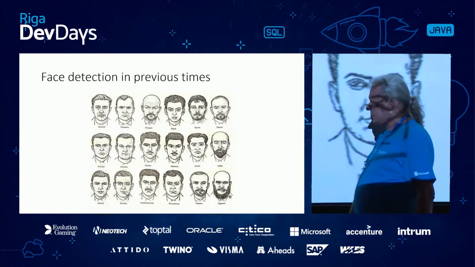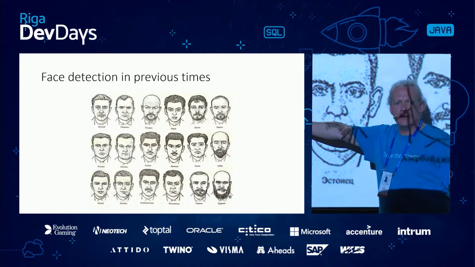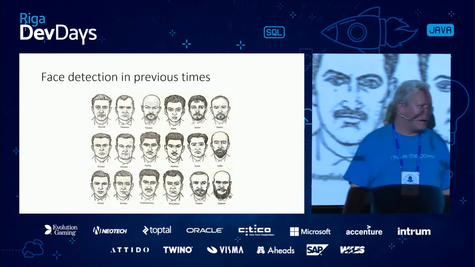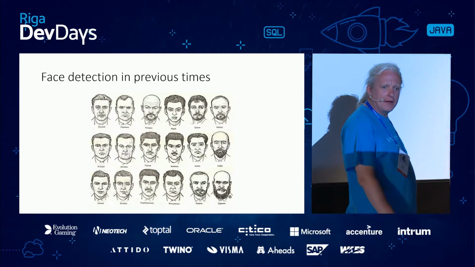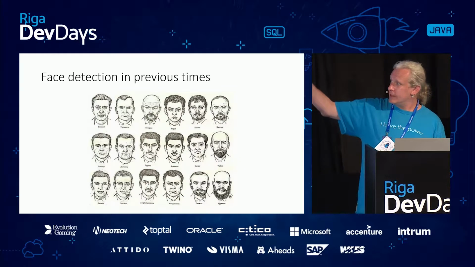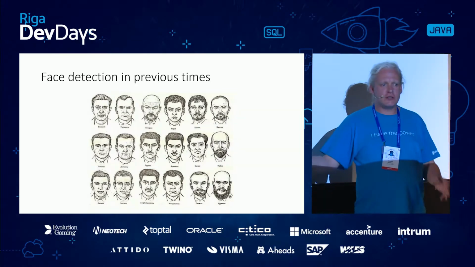And I see here, this is a guy from Latvia, and next to him is a guy from Estonia. So back in the days, we already were partners in crime, I think. But it was something that was on a wall of a militia station.